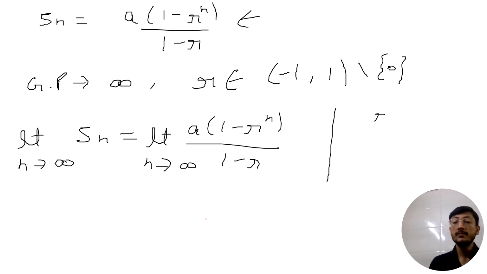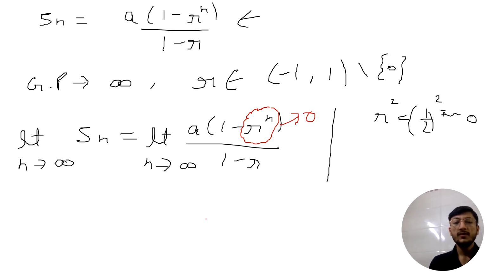For example, if r is 1 by 2, and I take the power 2, it becomes 1 by 4. It gets closer and closer to 0 whenever I raise it to n going to infinity. So basically, r^n is nothing but going to 0.